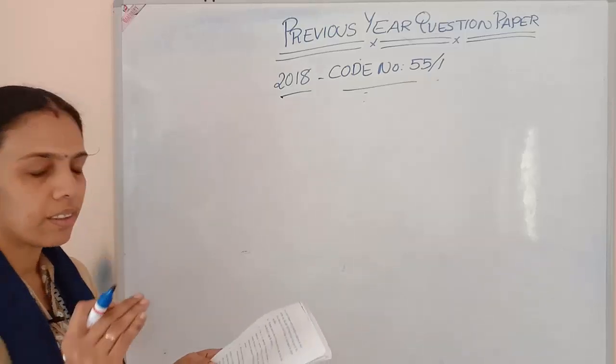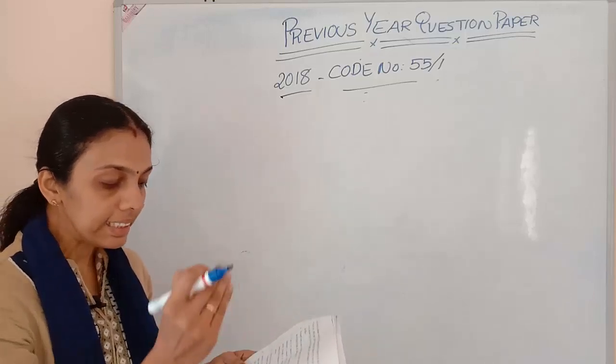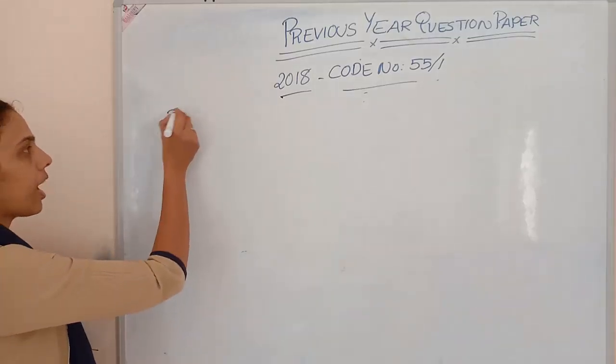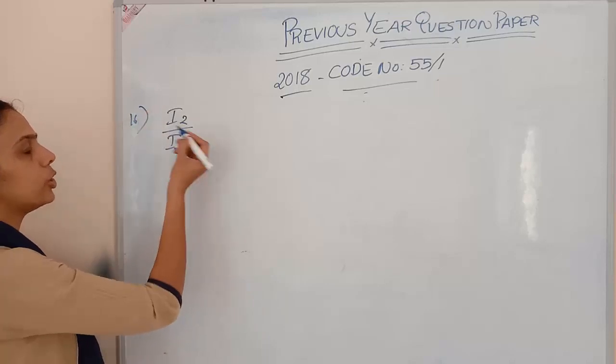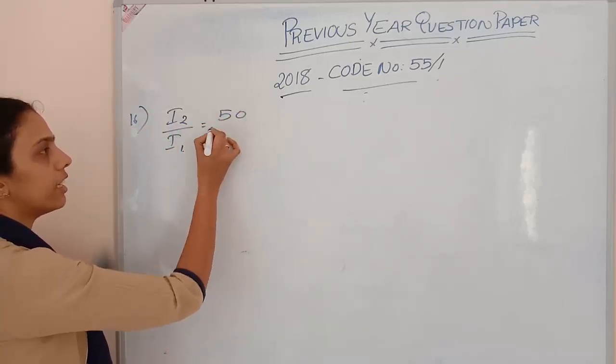When the light is passing through, what is happening? Light intensity is reducing to 50%. So I2 by I1, while I am considering I1 as 100, I2 will be 50.